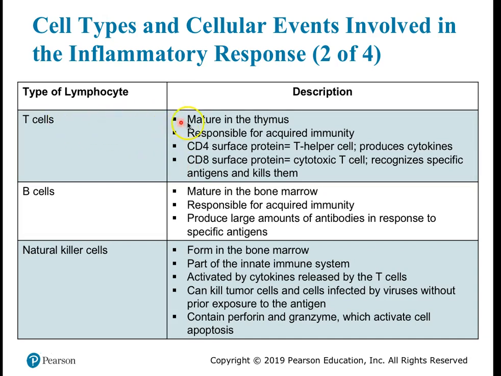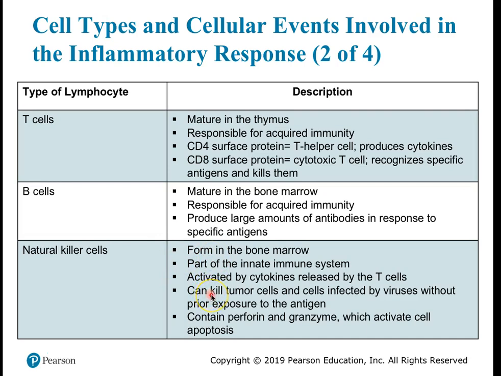T cells mature in the thymus, and they are part of acquired immunity. These are cell surface receptors. These are the different types of T cells. Same thing over here with B cells. They mature in the bone marrow. They are in acquired immunity. They produce a lot of antibodies, different types. Natural killer cells are formed in the bone marrow.